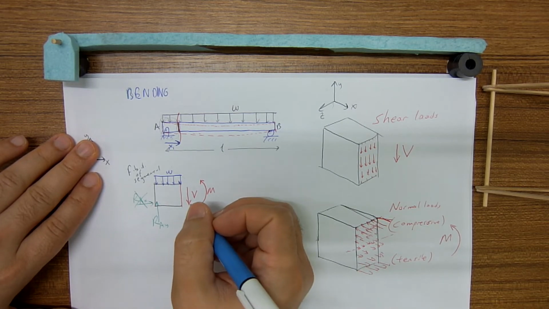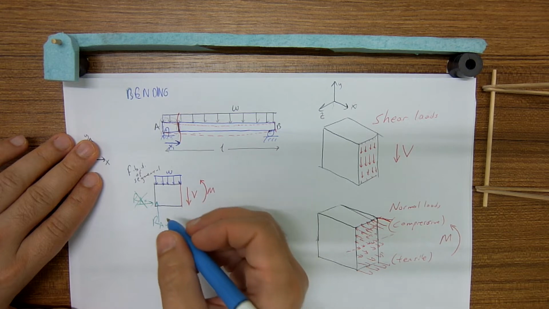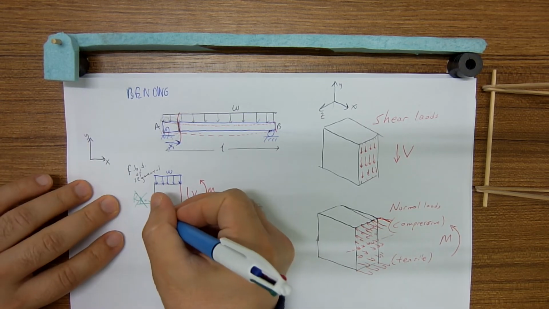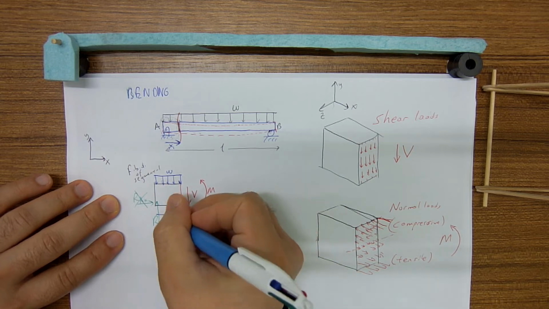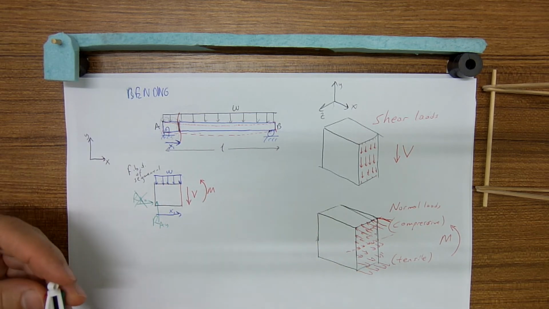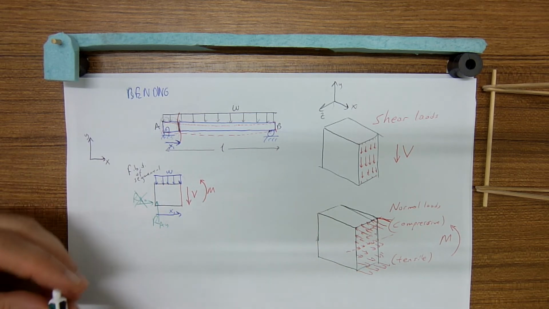Okay, and let's find what V is. So this was x1. We want to find V, the unknown.